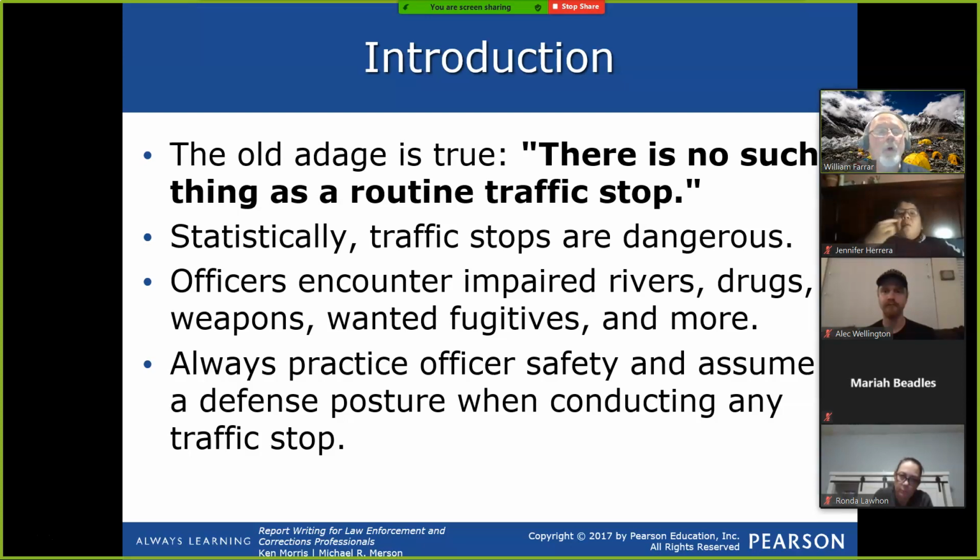It doesn't mean you have to do it all the time. Sometimes they'll want to talk to your supervisor, and you can have a supervisor come by and calm them down. But technically, if someone just will not sign a citation at all, and I have never had that happen, at the end of the day you can tell them, ma'am, sir, if you refuse to sign the citation, the law says that I have to take you immediately before a magistrate, which means I'm going to handcuff you now, drive you to the courthouse, and put you up in front of a judge.